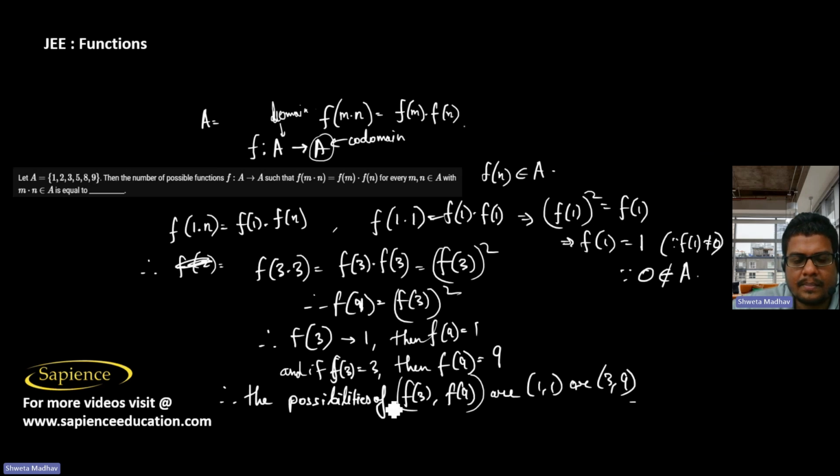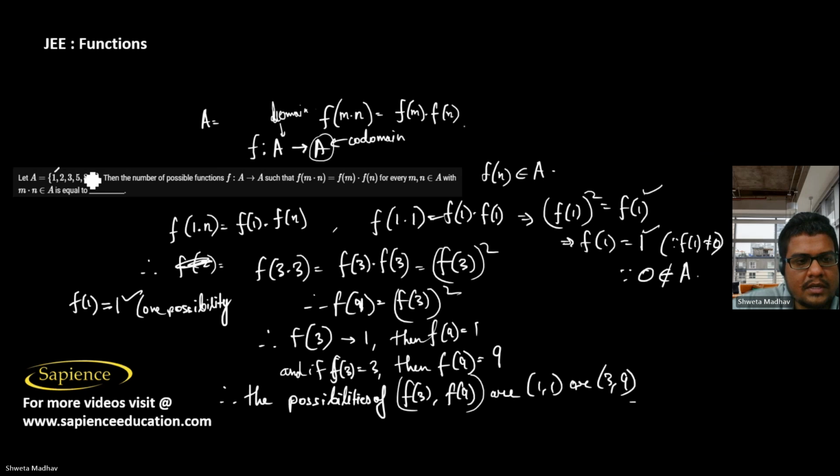And f of 1 is 1, so it has got only one choice, only one possibility.